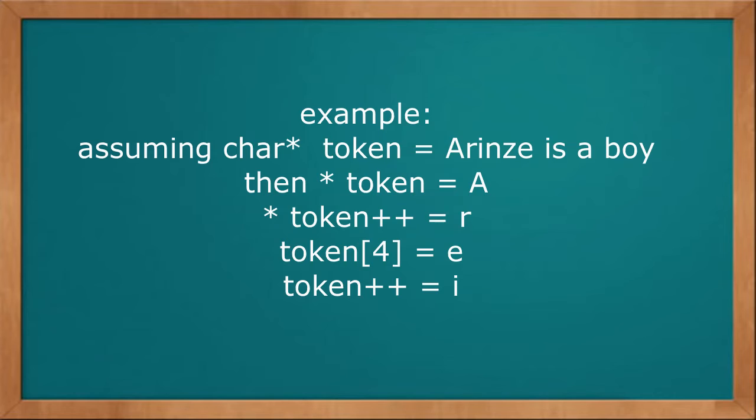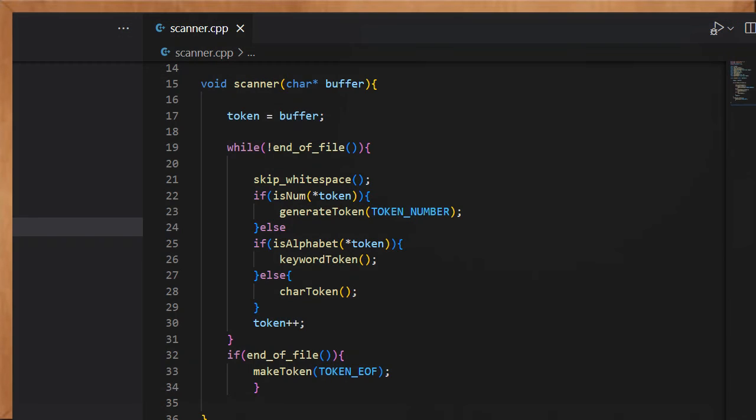So assuming we seek for the 4th character from R, it is going to be E. So from R, since we are now at R, we can now count R as 0, I as 1, N as 2, Z as 3, and E as 4. Then remember we are pointing at R. If we increment it again, it's going to start pointing at I. So this is how we are going to scan our tokens.